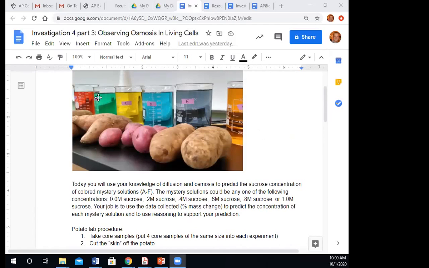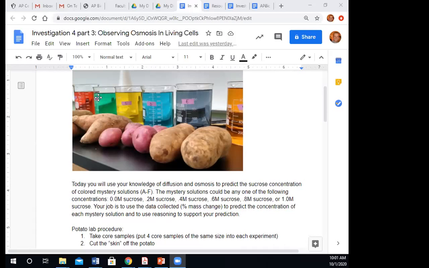You don't know which is which, okay? Your job in this lab challenge is to tell me which of those you think is what solution. So in the end, you're going to say, I think A is water because of this. Here's the reasoning. Here's my data to support what I'm saying.